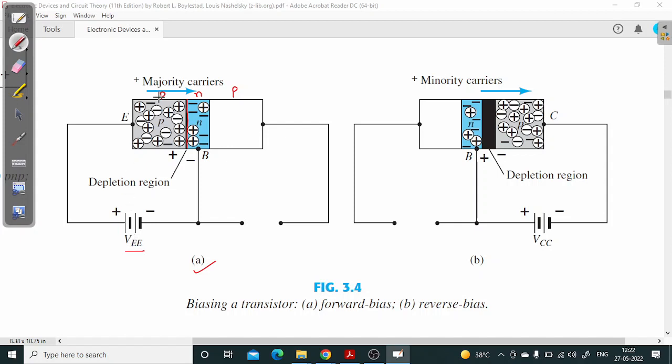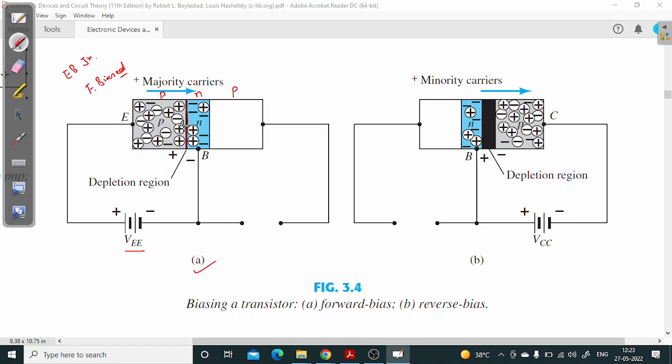Since this is P and P is connected to the positive terminal of the battery, and N base is connected to the negative terminal of the battery, this emitter base junction is forward biased. EB junction is forward biased.